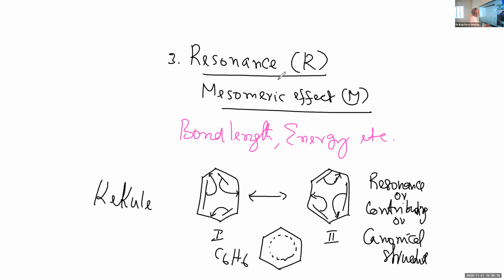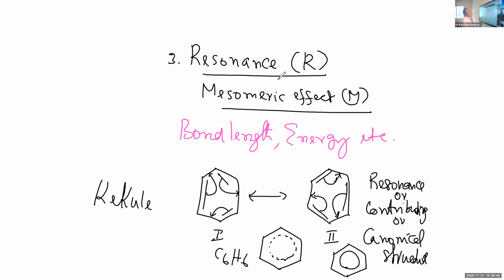Or you can show the structure by using a solid circle like this. The double bond is not localized, the single bond is not localized, not fixed between any pair of carbon atoms. It is wandering. The pi electrons are wandering like this. This phenomenon is called resonance.